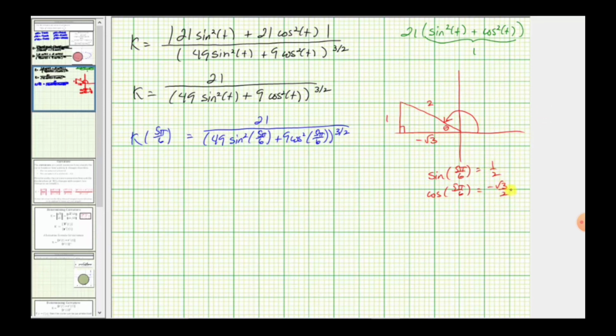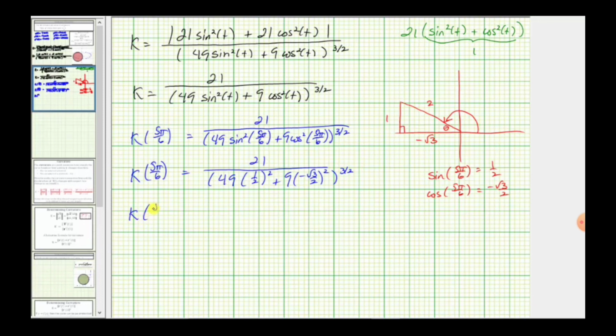Which means the curvature at 5 pi over 6 is equal to 21 divided by the quantity 49 times 1/2 squared plus 9 times the square of negative square root 3 divided by 2, and all this is raised to the 3/2 power.